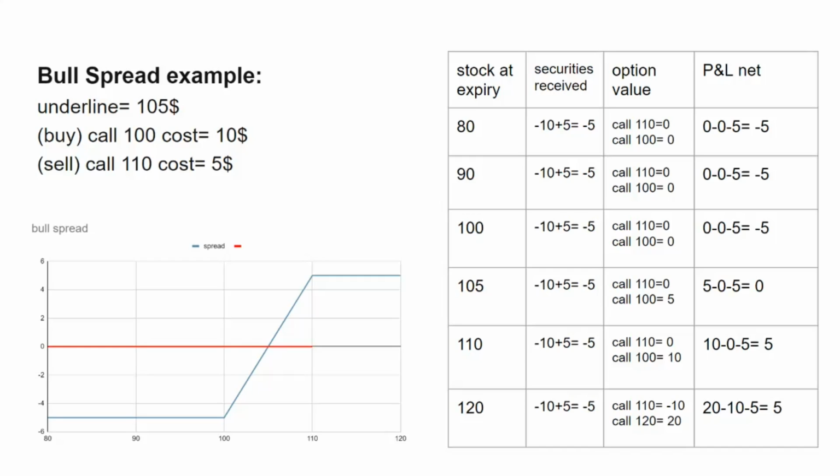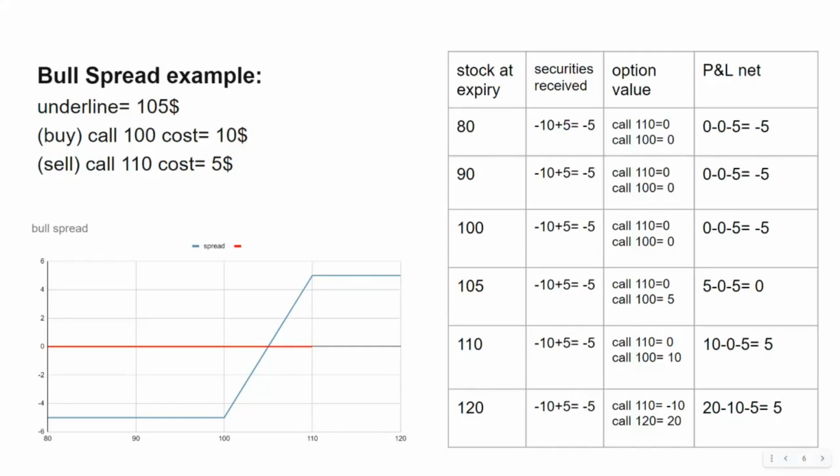We're going to make $1 at 106, $2 at 107, till we reach the expiration at 110, and that means that again, call 110 is going to be worthless because it expired exactly on the spot, but call 100 is going to be worth exactly $10.